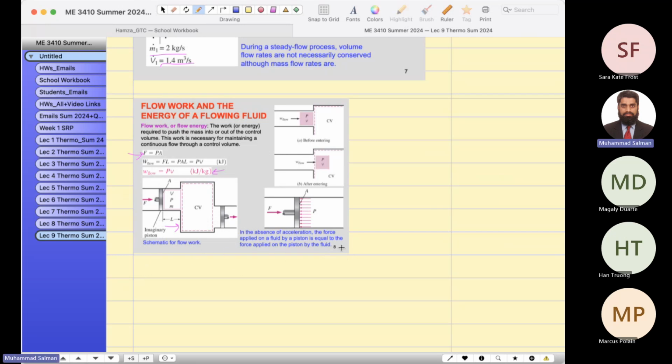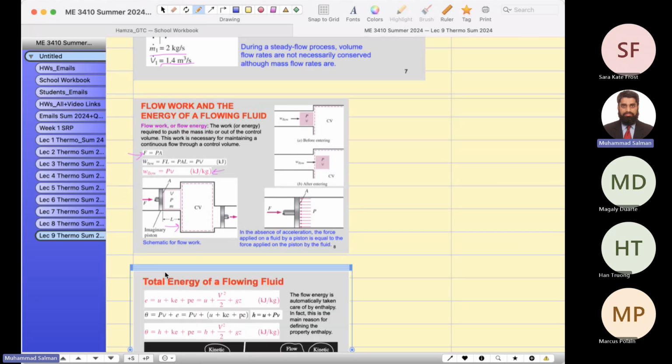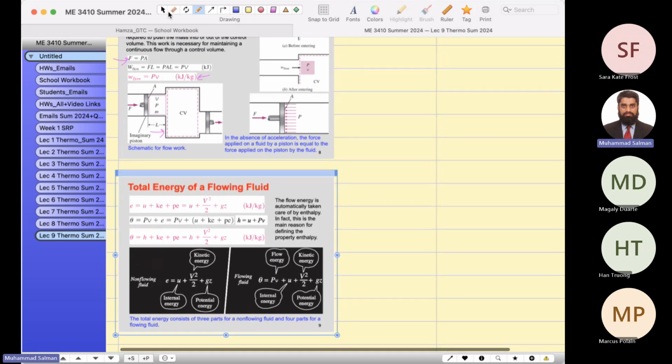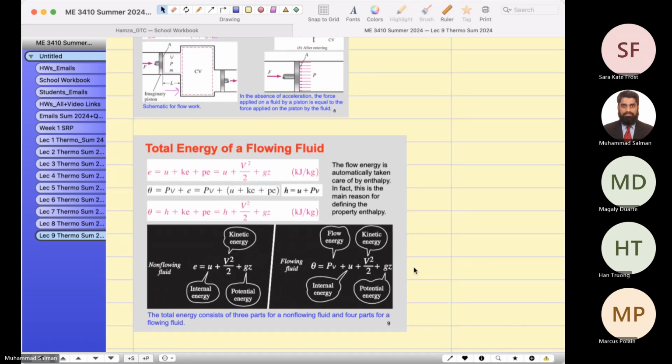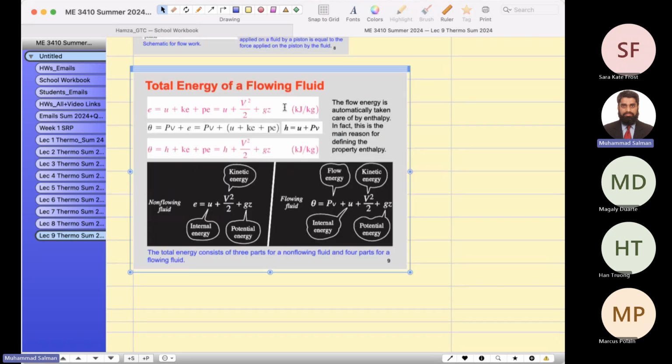So you see my point, guys. Work of the flowing fluid, and the energy balance. Look, the energy balance is the same: kinetic energy, potential energy, and enthalpy is also involved. Over here, we are also using enthalpy.